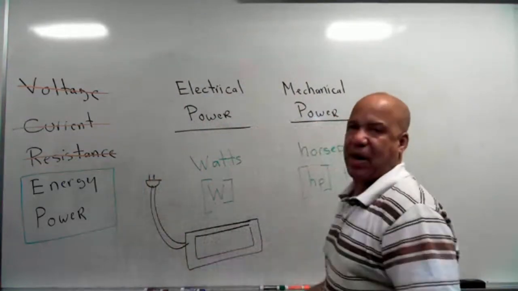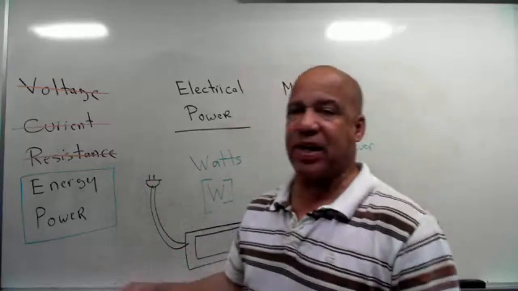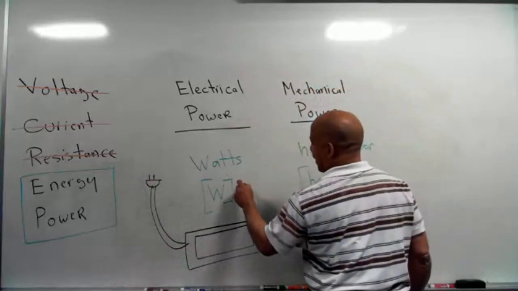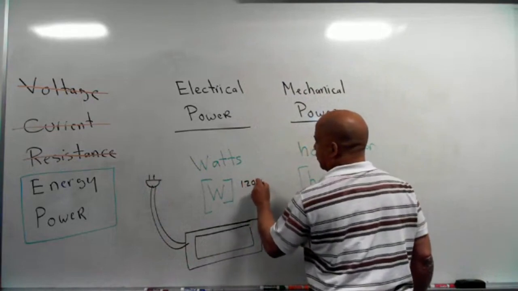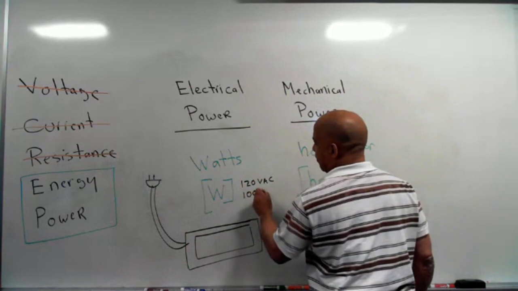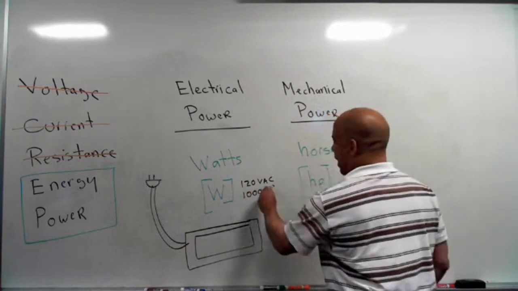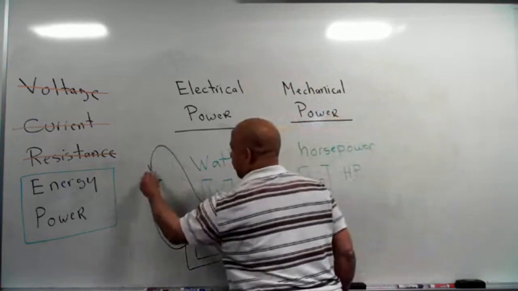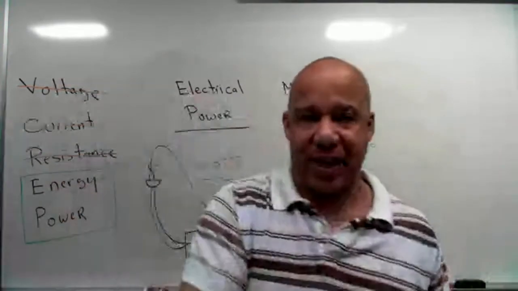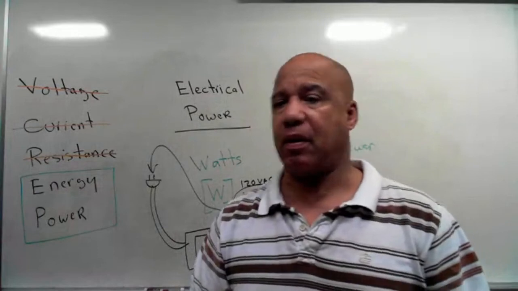On the microwave there's probably a sticker with information. It might say 120 volts AC, and it might say 1,000 watts. That 1,000 watts is the wattage going into that plug. Wattage doesn't really move, but it's the power flowing into the plug.